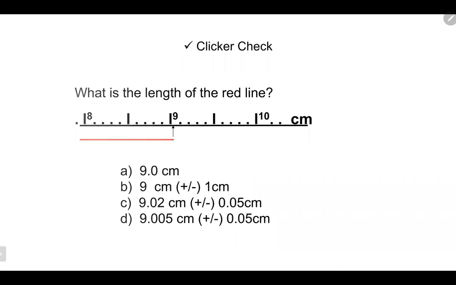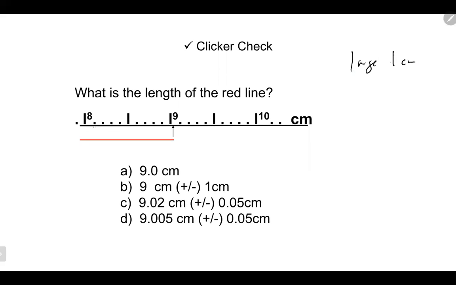Let's take a look, one last one here before we call it a day. Looking here, we have 8 and we have 9 to 10. So once again, our large markings are going to be 1 centimeter.